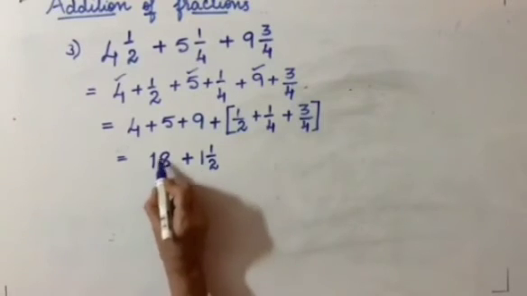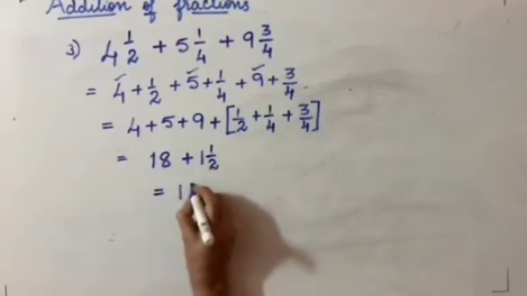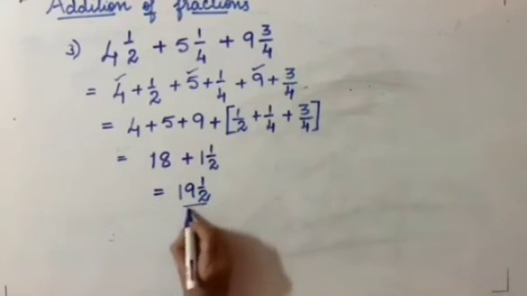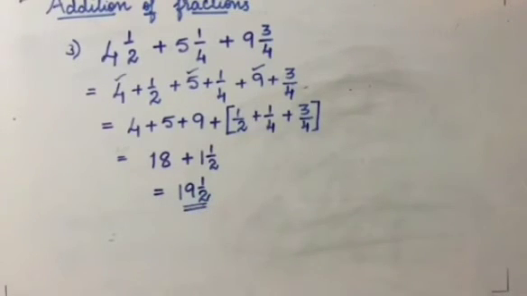So, what is 18 plus 1 again? It is 19 and half, children. This is your answer. Did you find it easy? Don't you think? Yes? Okay.